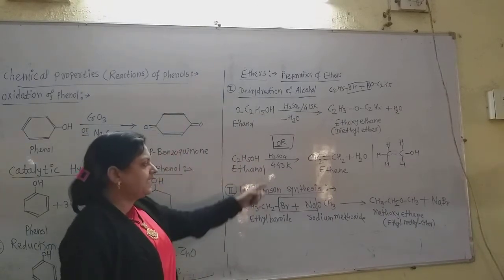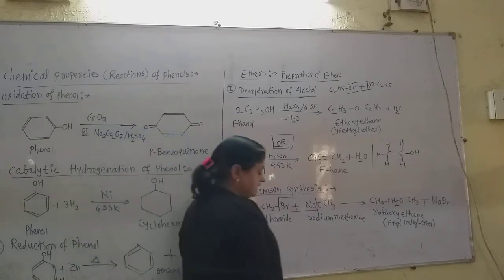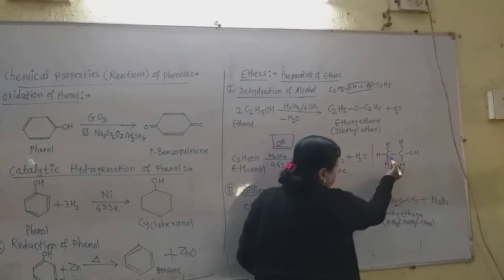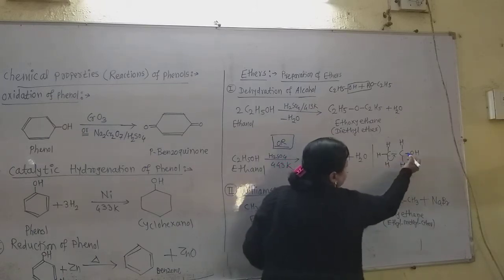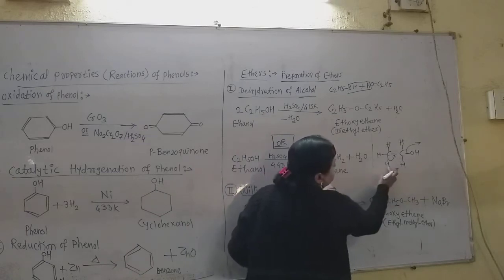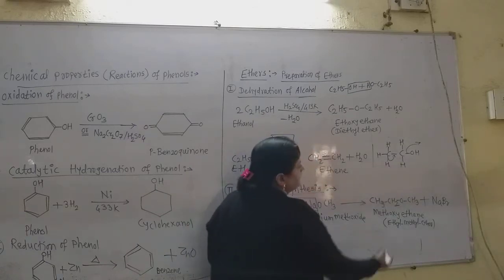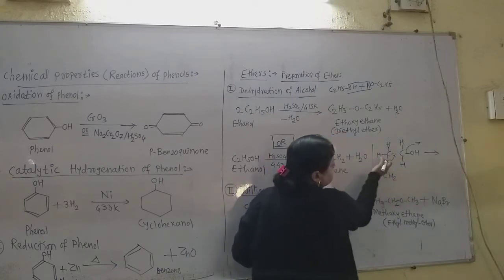Now due to the dehydrating agent at the higher temperature, the water molecule gets eliminated. Now the carbon has this hydrogen give here a double bond, and at the same time this OH is removed.